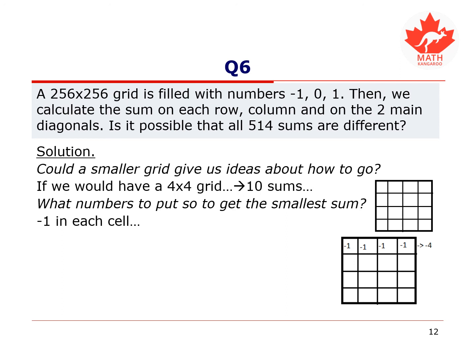-1 plus -1 plus -1 plus -1 giving me -4. I can't achieve a sum smaller than that in any row, column, or diagonal if I'm only using the numbers -1, 0, and 1. Similarly, I can consider what happens if I want to put a bunch of +1s in a row to give myself a row of +4. That would be the biggest sum that I can achieve.